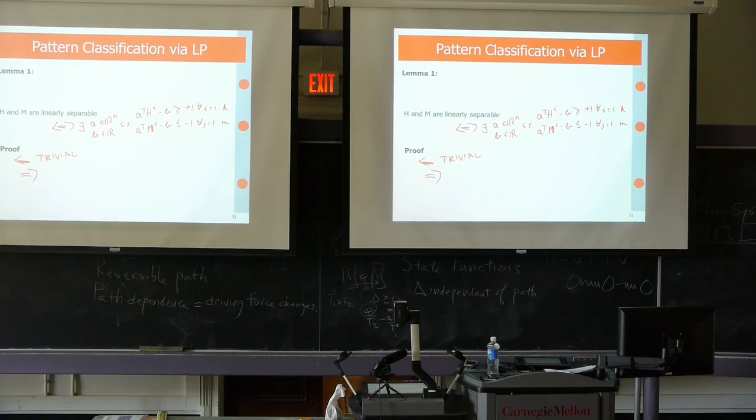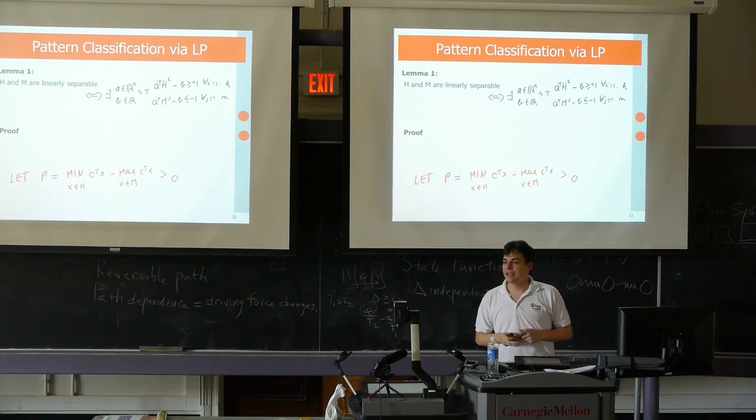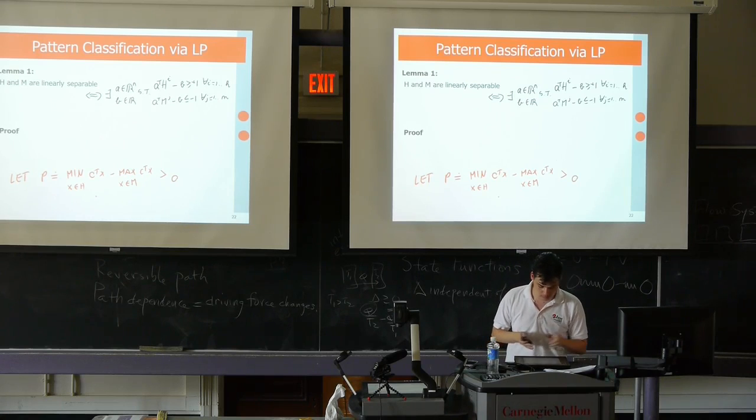Yeah, we constructed A and B from C, and it was just one line, the definition, right? That's all. There are many other ways to do it. Is it clear? Okay.